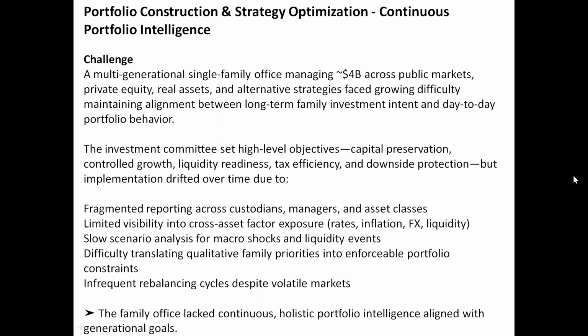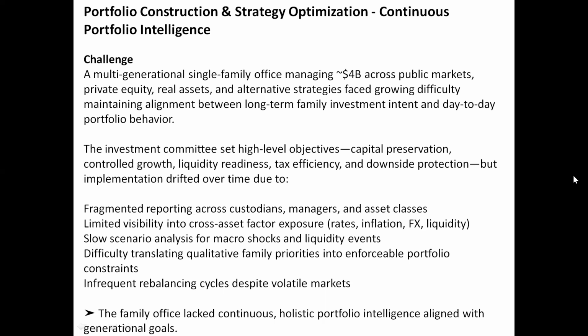So for this scenario, a single family office managing about 4 billion across public markets, private equity, real assets, and alternative strategies faces growing difficulty in maintaining alignment between long-term family investment intent and day-to-day portfolio behavior.